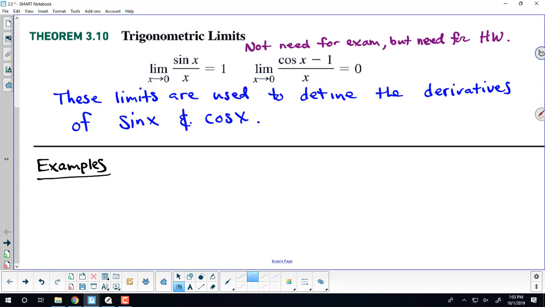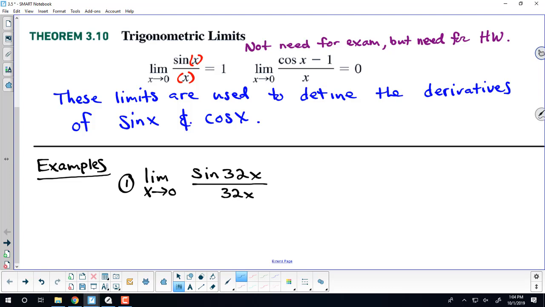I think it's important to note here, though, that when we look at the limit as x approaches 0 of sine x over x equals 1, these arguments are matching each other. So for instance, if we were asked to compute the limit as x approaches 0, going to example 1, of the sine of 32x over 32x, theorem 3.10 directly applies to that.